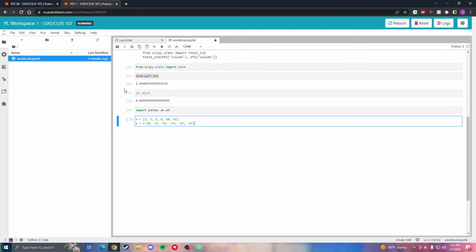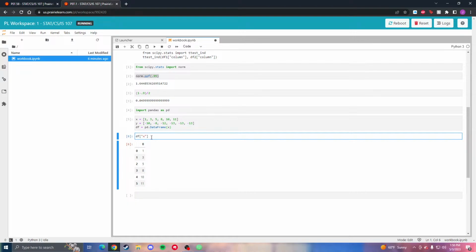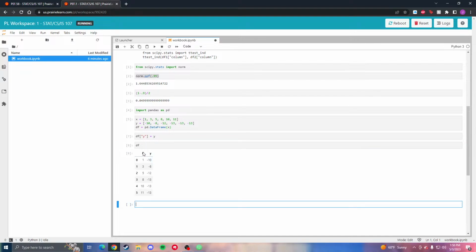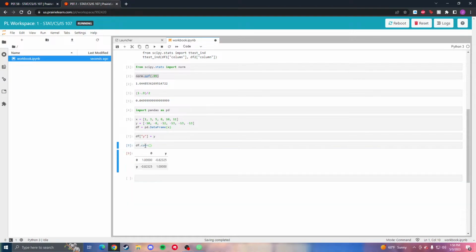And then we'll do df is equal to pd.DataFrame of x. If I print out df, it's just going to be that. So now we'll create a y column and set it equal to our y variable. If I print out df now, we get our x column and our y column, and we can just do df.corr, which we've done before.